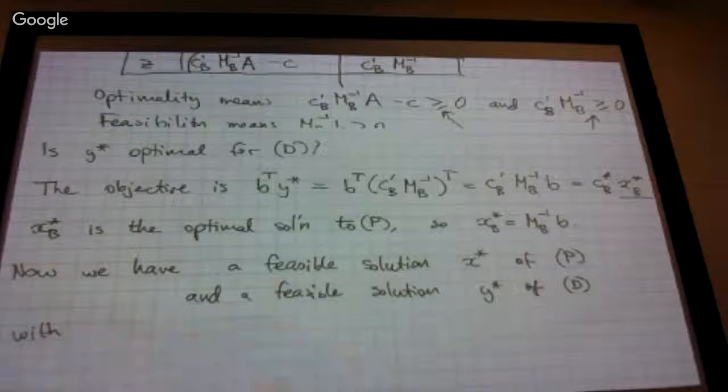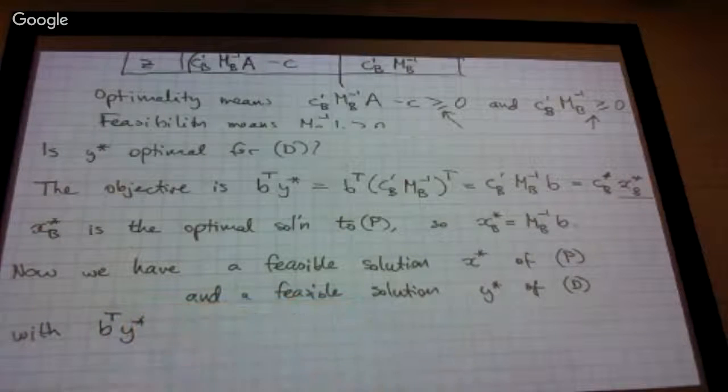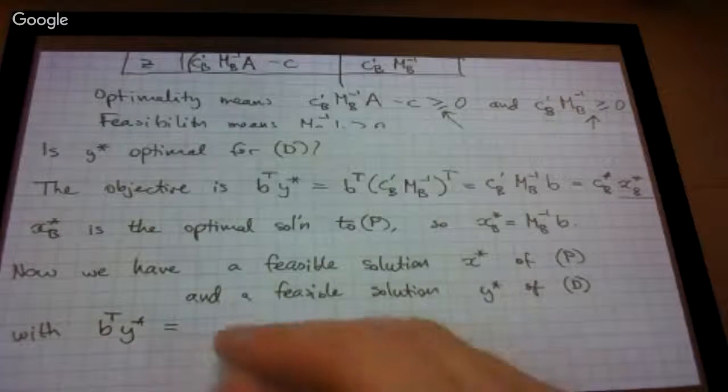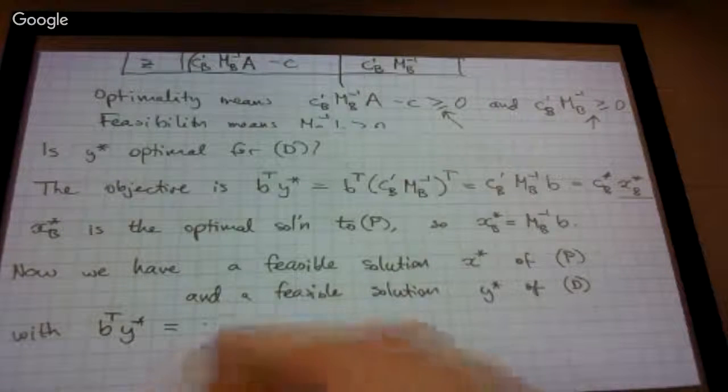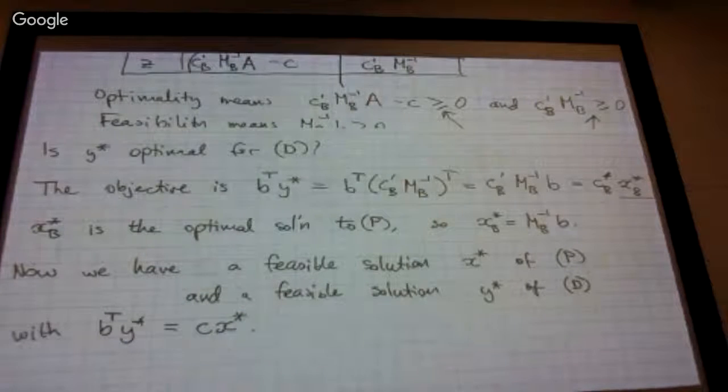And when we look at the two objectives, what do we see? Well, we see that the objective of the dual with this Y star has the same value as the objective of the X star, so of the primal.